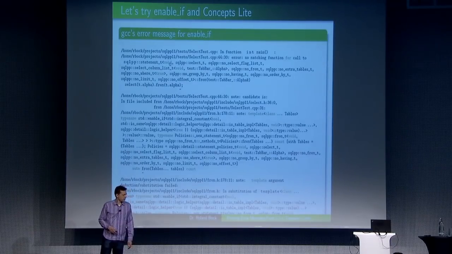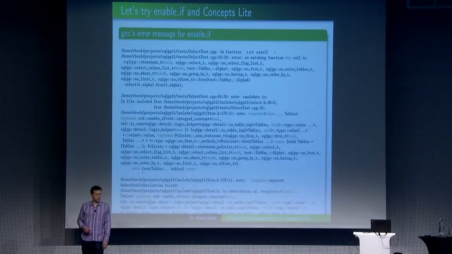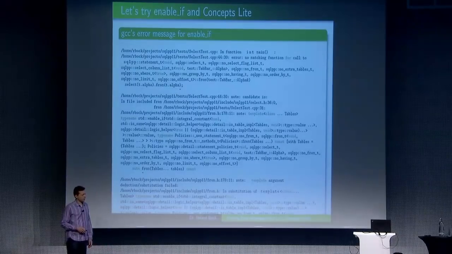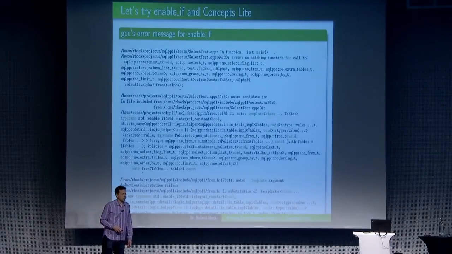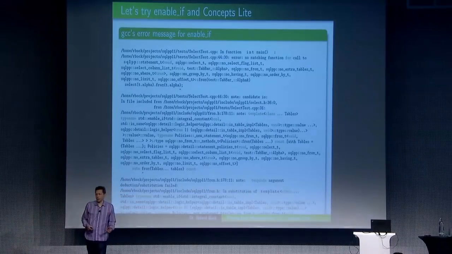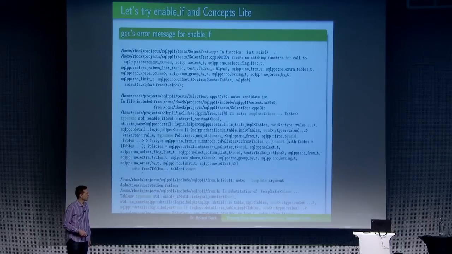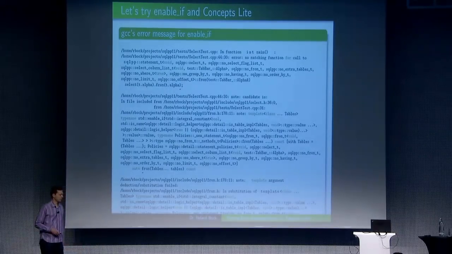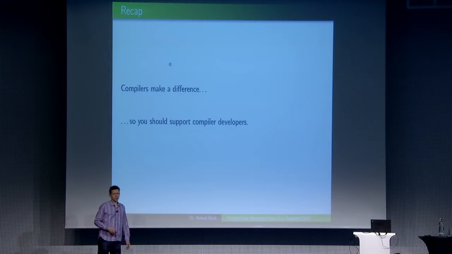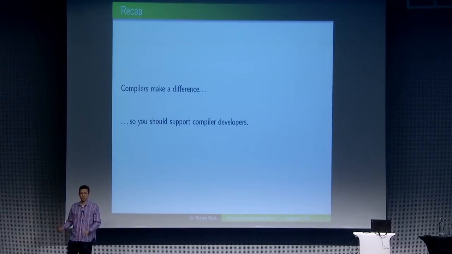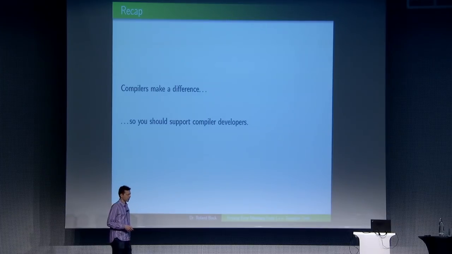GCC, on the other hand, I think this is GCC 4.8 or even 5.0, I'm not sure, doesn't do the special treatment of enable if, and it gives you horrible stuff, and nobody really wants to read this, right? So, again, compilers make a difference. Please support them. Please tell GCC developers to fix this. I'm not using GCC most of the time, so somebody else will probably have to do that.